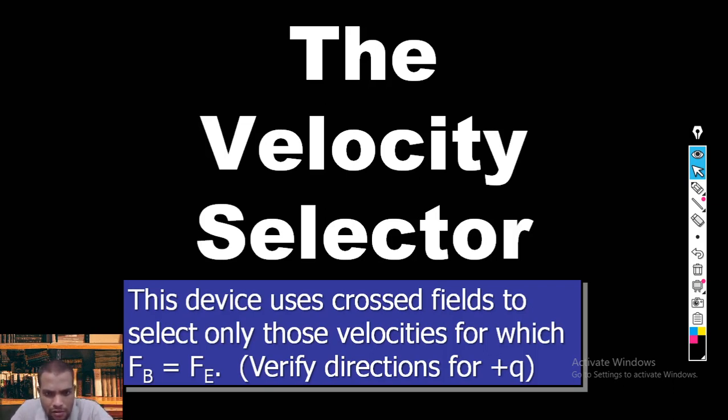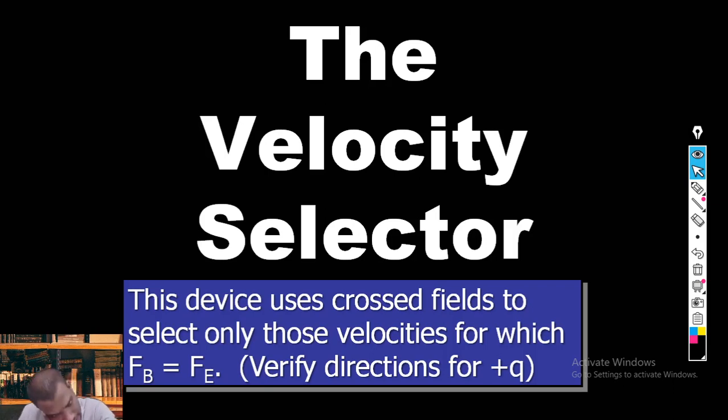How can it be controlled? If you adjust the magnetic field applied so that its force equals the electric force, for the desired velocity of that particular electron or ion, then that velocity of that particular ion is used in your experiment. So this device is known as a velocity selector.